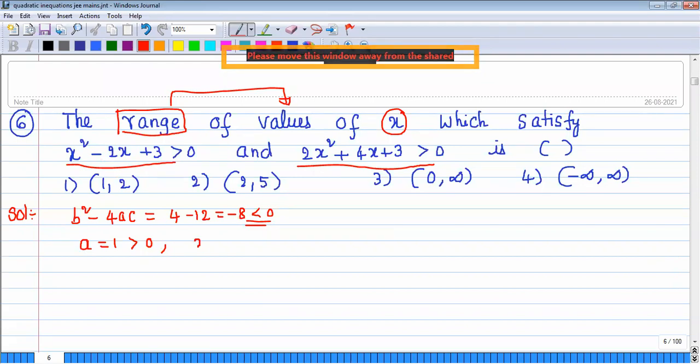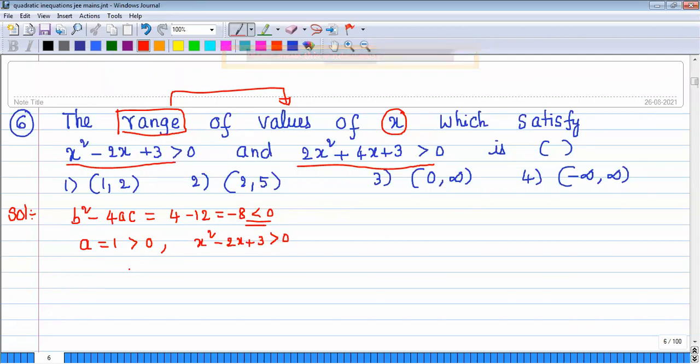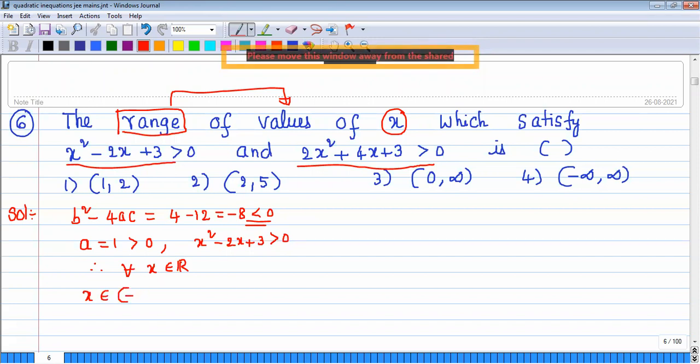The expression is also positive, x square minus 2x plus 3 greater than 0, for every x belongs to R. That means here x belongs to (-infinity, infinity). So this is the solution of the first inequality.